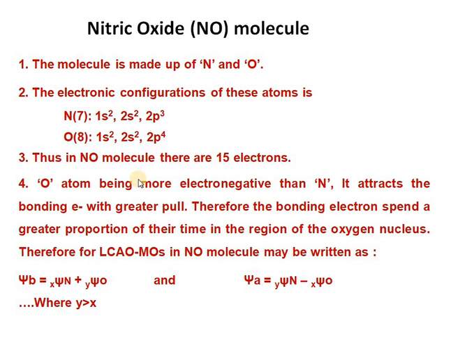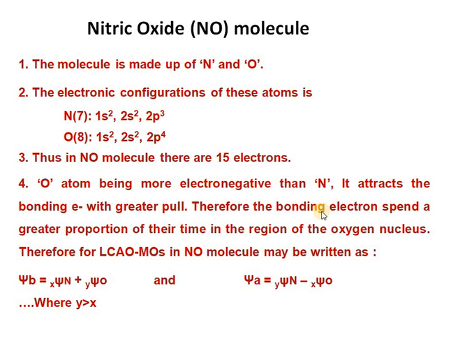In the nitric oxide molecule, since nitrogen and oxygen atoms have different electronegativity, their atomic orbitals are not at the same energy levels. Oxygen, being more electronegative, has its orbitals at lower energy levels than the corresponding atomic orbitals of nitrogen.